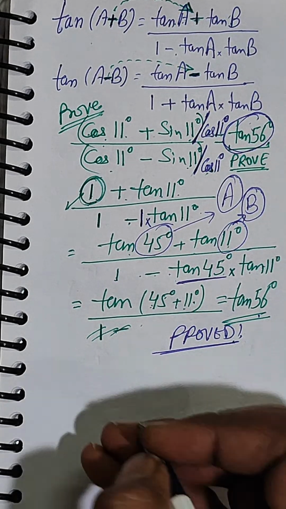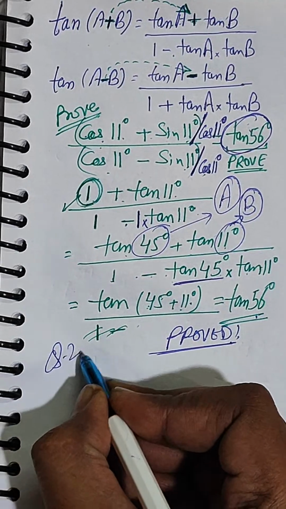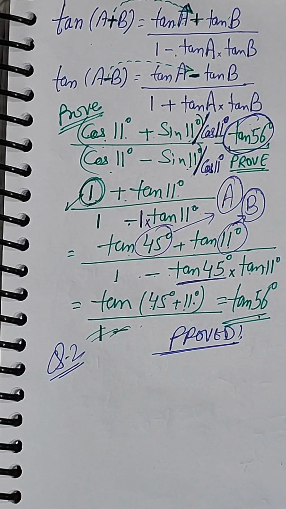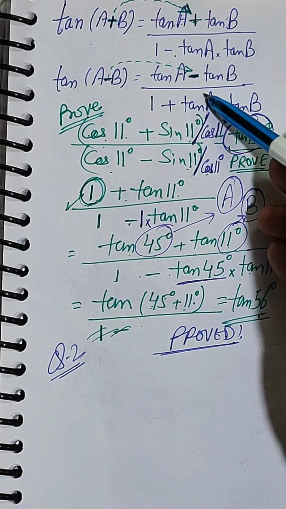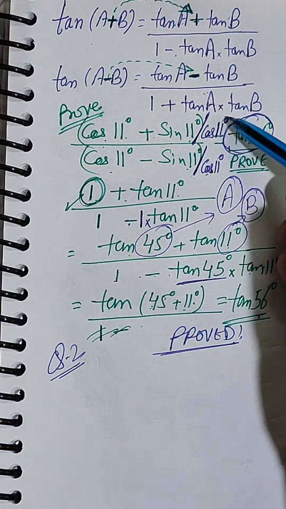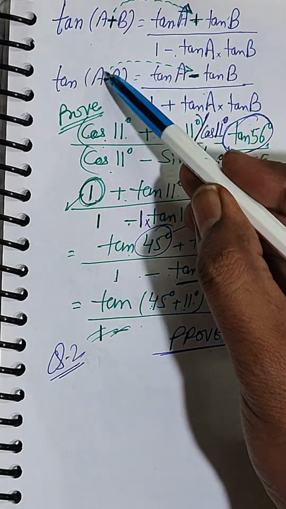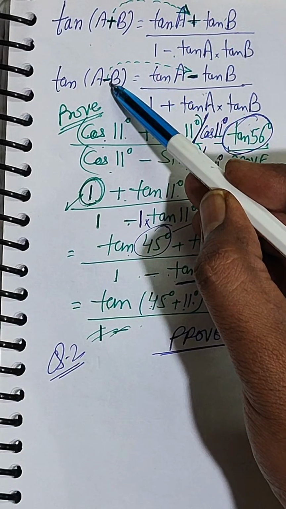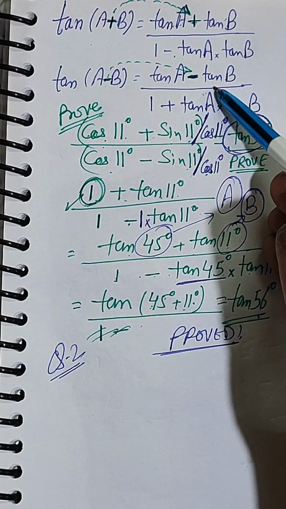The second question for today is, let us take one application of tan A minus B equal to tan A minus tan B by 1 plus tan A tan B, right? As I said, if minus is there in the formula, minus will be going into the numerator.